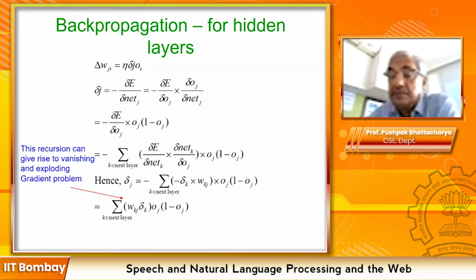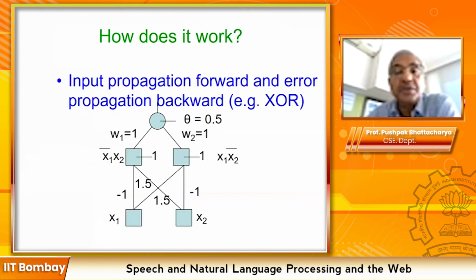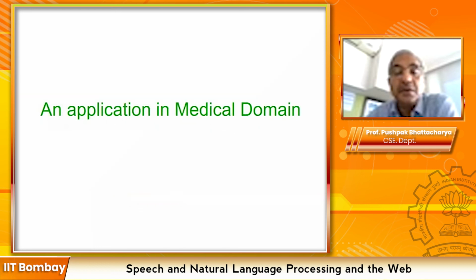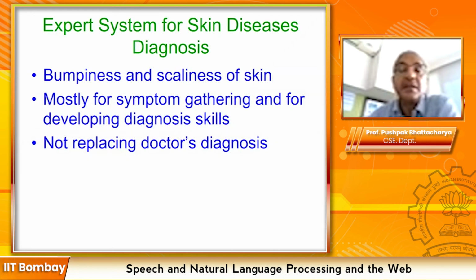So now, I think it is almost time for question answer, but let me very quickly show you an application of backpropagation, and then we can take it up in the next week's lectures. So an application in the medical domain. We are creating an expert system for skin disease diagnosis.